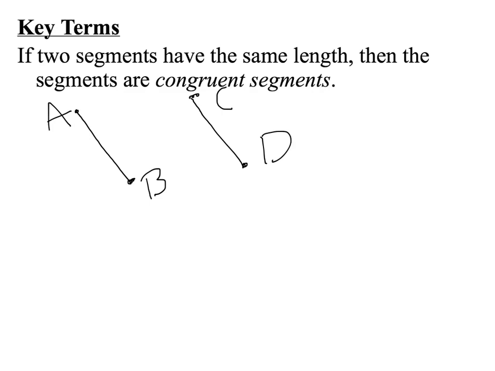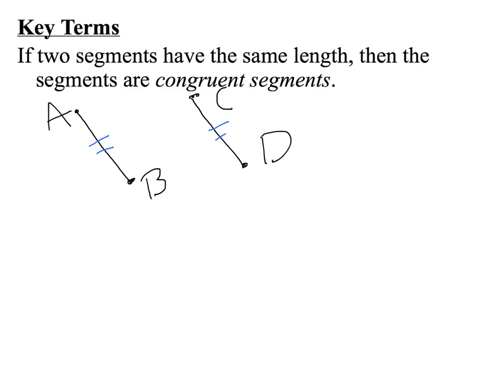When you're talking about congruent segments, one way that we show in a diagram that two segments are congruent is by putting the same dash mark to represent that they're congruent. Now if I would have put two dashes on AB and one dash on CD, that shows me that they're not congruent. So you have to make sure that they have the exact same symbol representing that line. So that's how you would show it on a diagram.